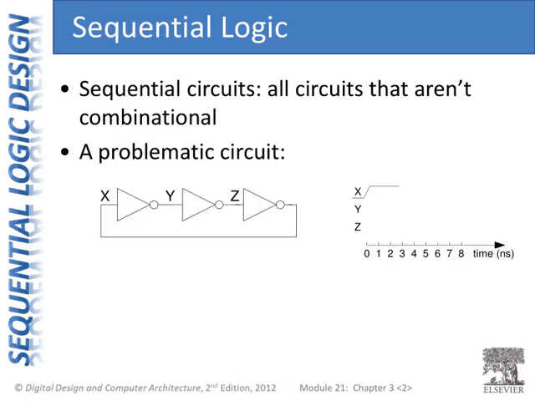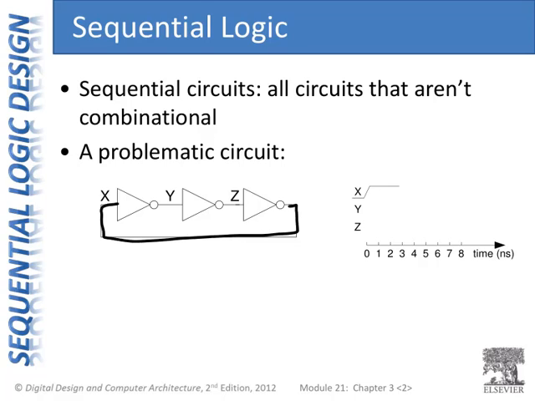So here's a sequential circuit. This general class consists of all circuits that aren't combinational. So here's a circuit. We have 3 inverters back to back, and then with feedback.